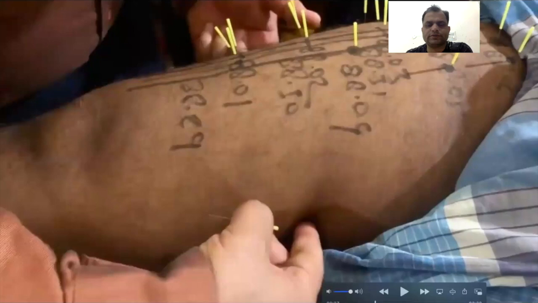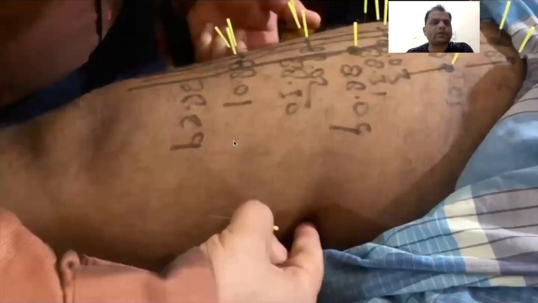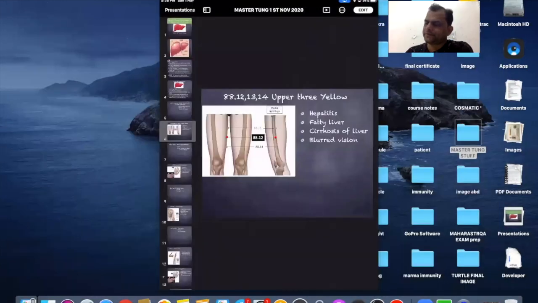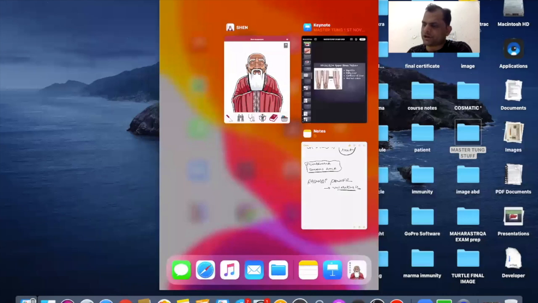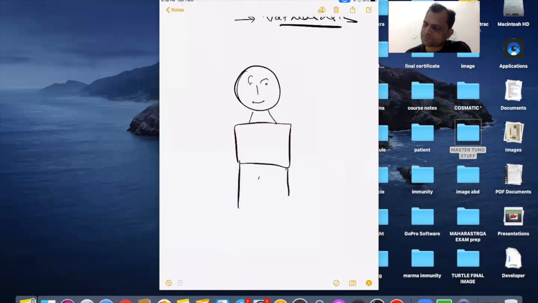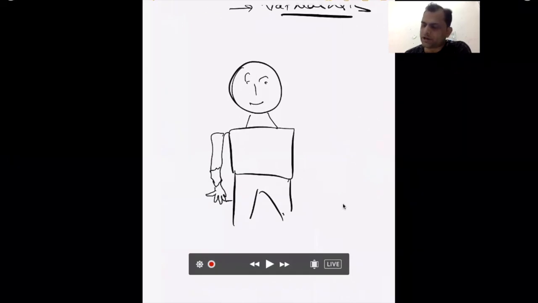Okay, now you can see. I will tell you 2 ways to locate this point. The other way: if a person is standing straight, and this is the arm, we tell the person to stand straight and touch the arm to the thigh.